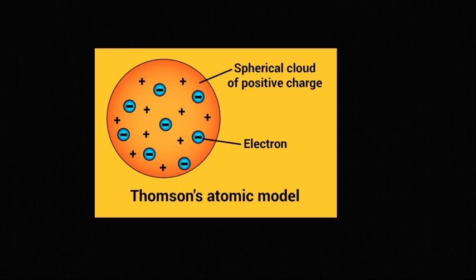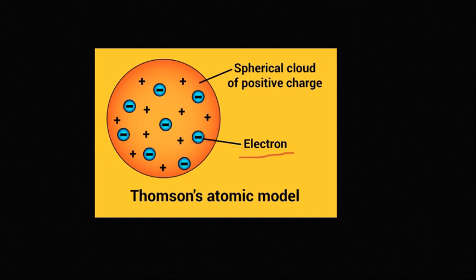He proposed that the atom consists of a positively charged sphere. This orange sphere, can you see? This is positively charged, on which negatively charged particles are embedded. Can you see these negatively charged particles?